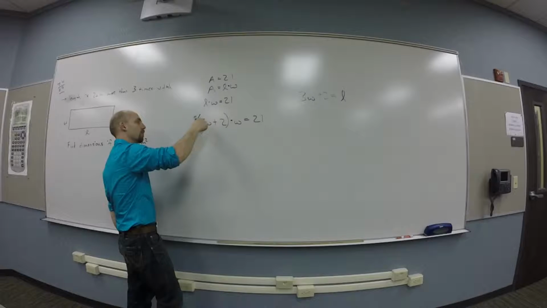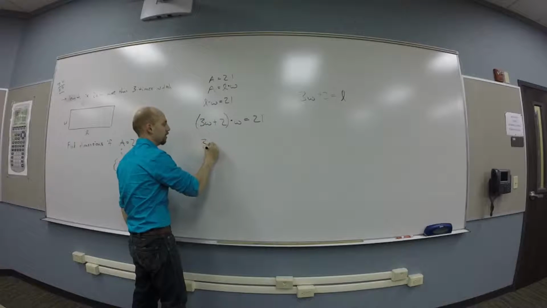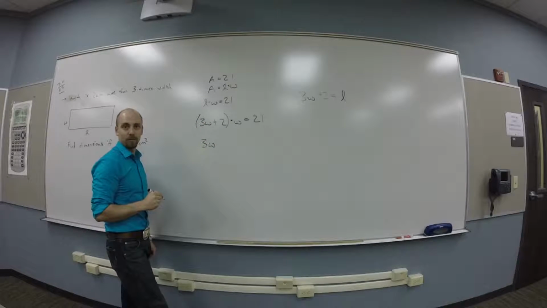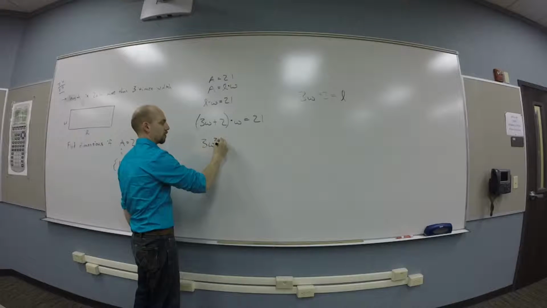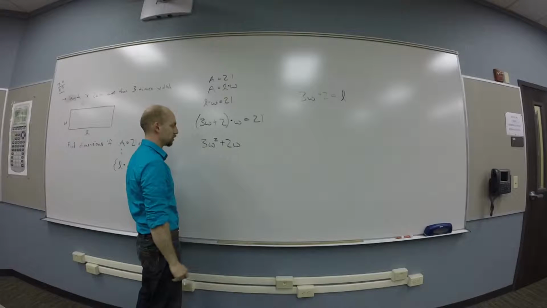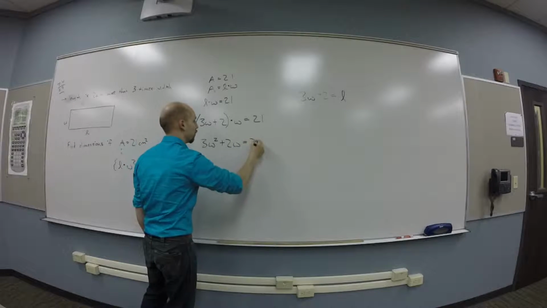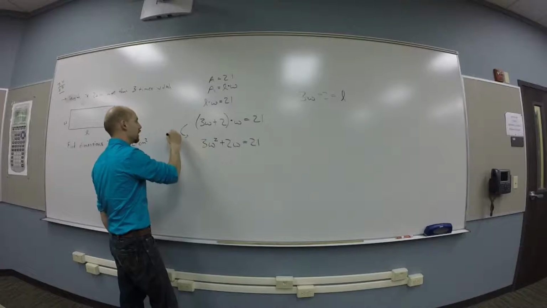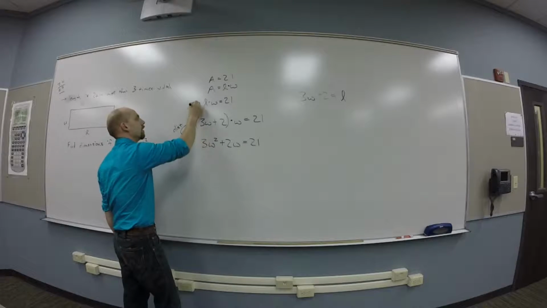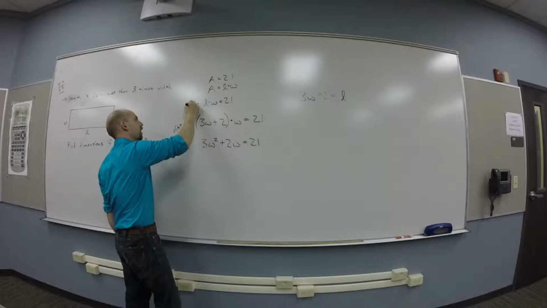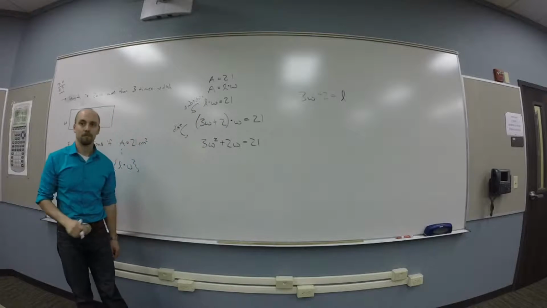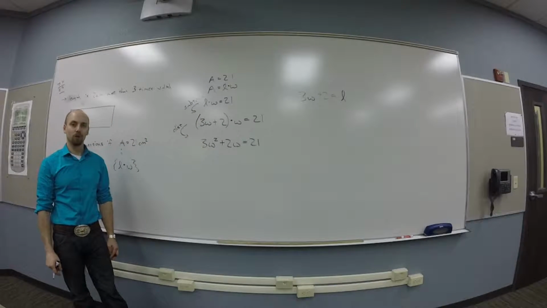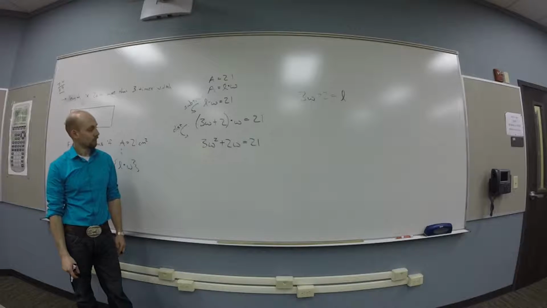So distribute it through. What do you get? 3W squared plus 2W equals 21. So this was a distribute step. This was a substitute, but I'm not so worried if you know this word. It would be cool if you did, but it's not necessary.